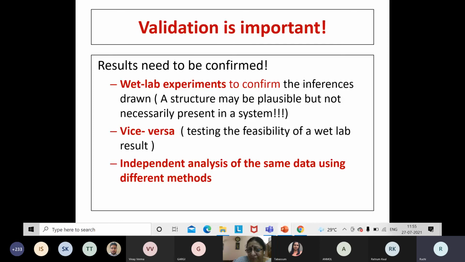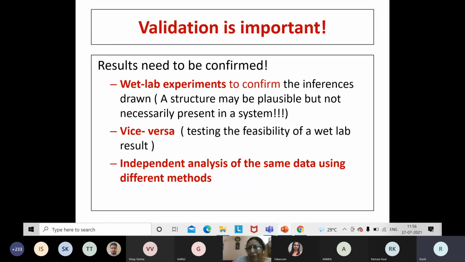Here I would like to give an emphasis on this point, that not all bioinformatic analysis or bioinformatic results can be validated using wet lab experiments. For example, a lot of phylogenetic reconstruction, all the tree or the diversity analysis, is done using bioinformatics, and there is no way to do the wet lab validation of it.